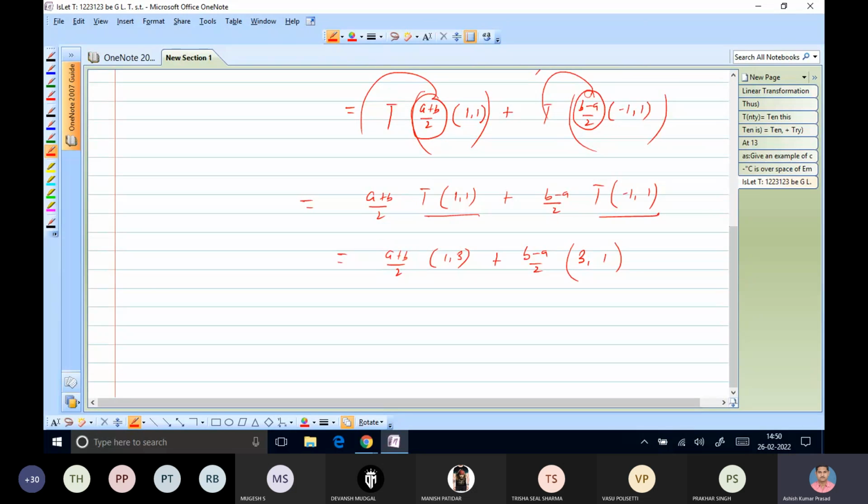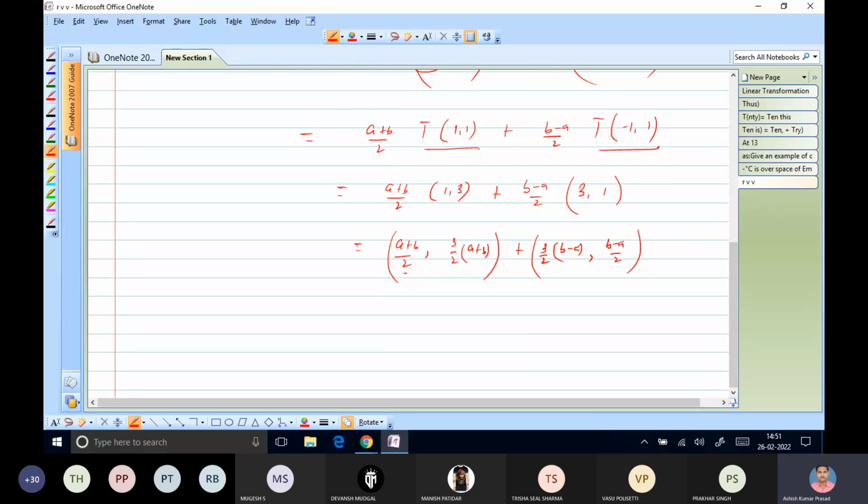So first component is a plus b by 2 and 3 times b minus a by 2, that is a plus b by 2 and 3 by 2 times b minus a, and the second component is similarly computed.